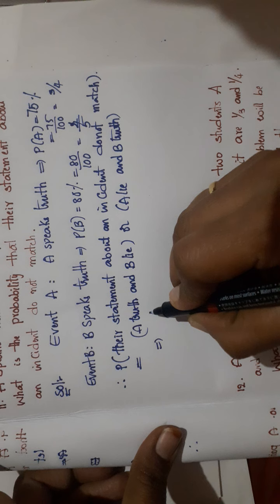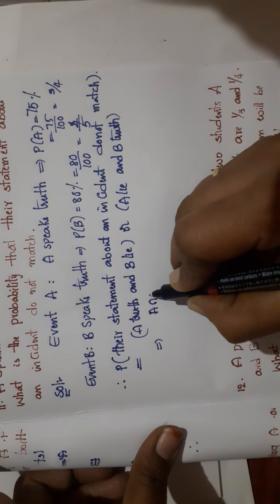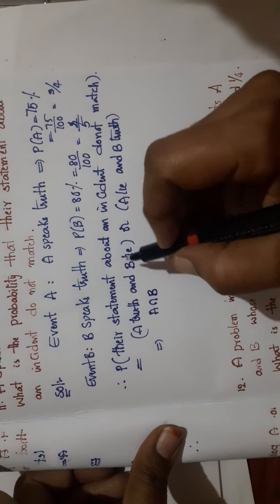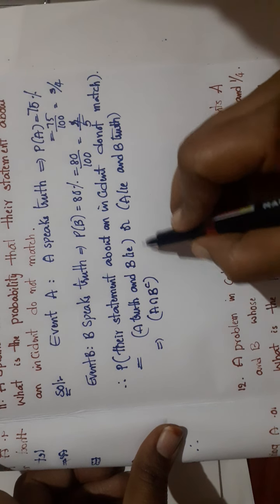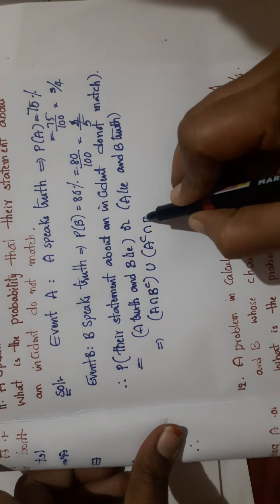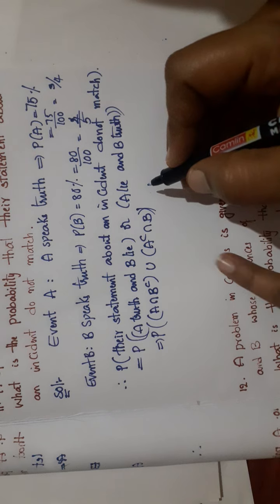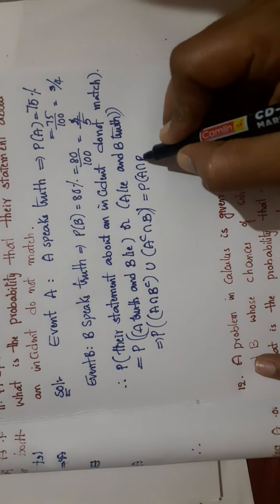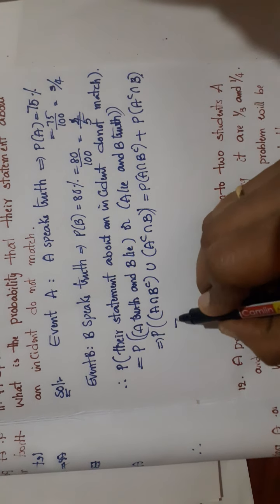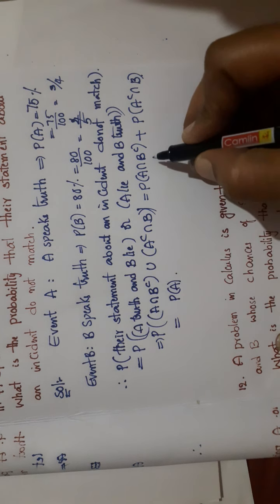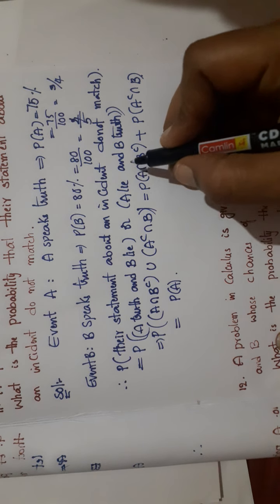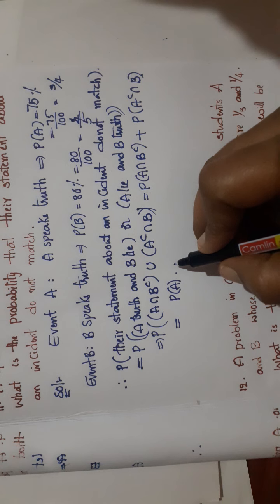In these two possibilities only, their statements do not match. That is A intersection B complement, since B lies means B is not speaking truth. Or, union, A lies, so A complement intersection B. So this is probability of A intersection B complement plus A complement intersection B. These are independent events, not depending on each other.